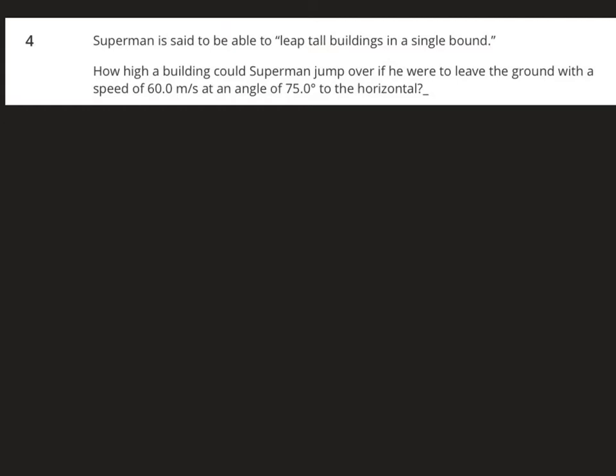Well, we know some things, and the first is that he again has a velocity of 60 meters per second, and the fact that his angle is 75 degrees.